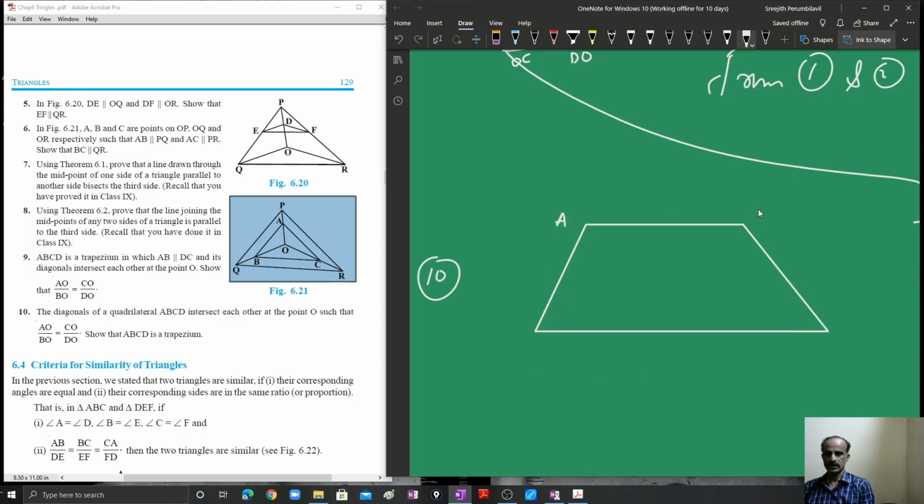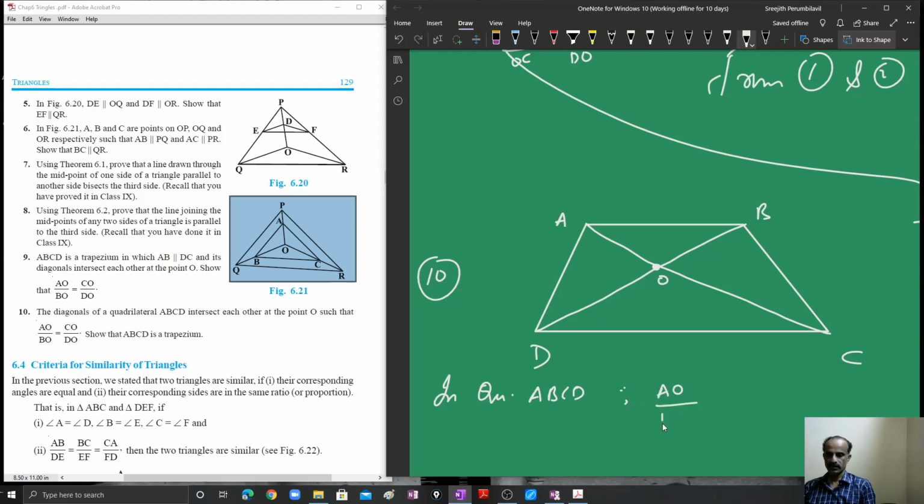So we'll take ABCD as a quadrilateral. What is given? In quadrilateral ABCD, diagonals intersect at the point O, and it is given that AO divided by BO is the same as CO divided by DO.